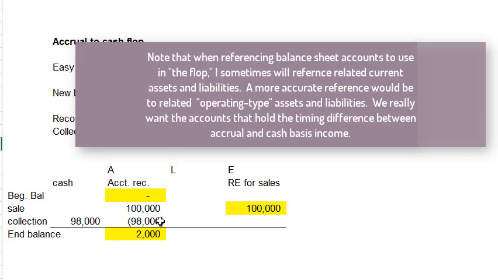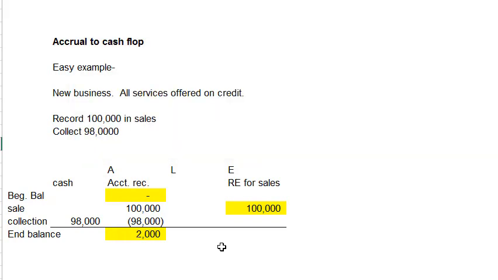Now, how do I know to subtract the $2,000 increase in accounts receivable? Well, here we know the answer is actually $98,000, so that makes it obvious. But logically, if you sell $100,000 worth of stuff and your accounts receivable increased during the year, then that means you must have collected less than you sold.